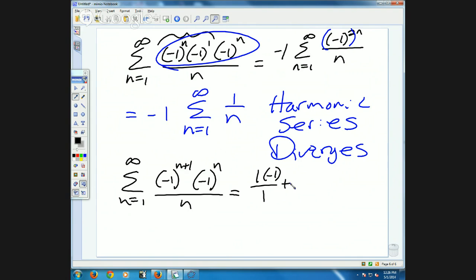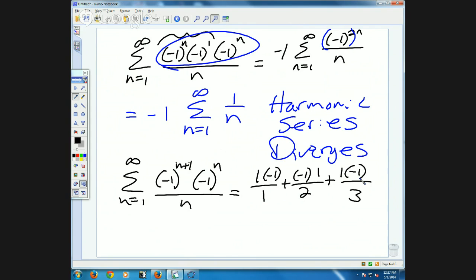If n equals 2, then this negative 1 would be 2 plus 1, it'd be cubed. Negative 1 cubed is negative 1. Negative 1 squared is positive 1 over 2. If I plug in n equals 3, then I'll have negative 1 to the 4th, which is positive 1, times negative 1 cubed, which is negative 1. So we're starting to get a feel for what this is doing.